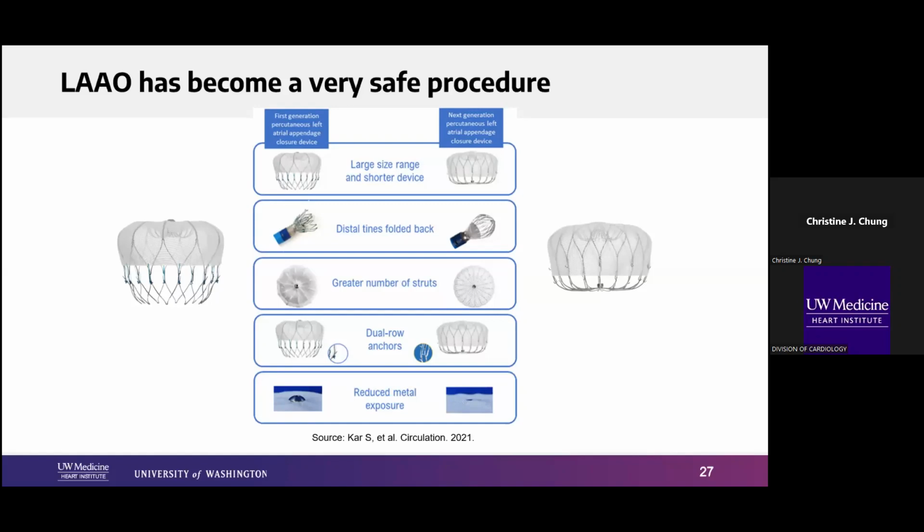And so in July 2020, we had introduction of the second generation Watchman Flex, which one of the main improvements in this device is that the back end is closed. They also added more struts, which actually makes it more flexible and softer and more conformable. So what exits the sheath and interacts directly with the tissue is actually a deflectable ball. So you can actively push against the appendage with the ball, and it will actually deflect rather than go out and exit through the wall.